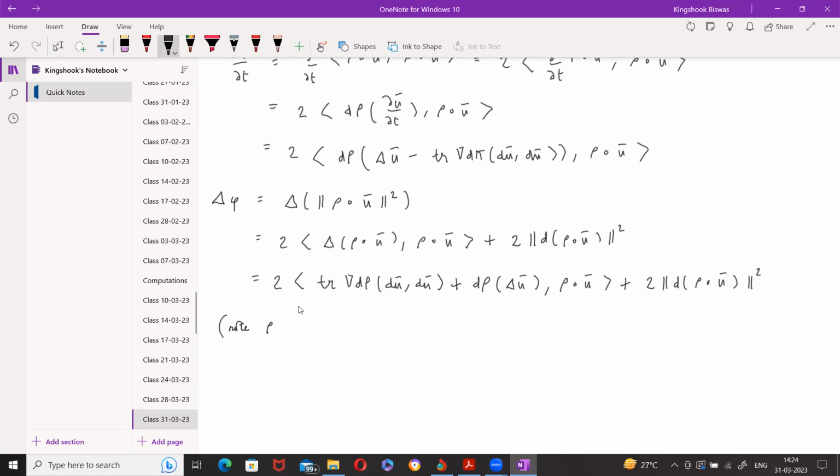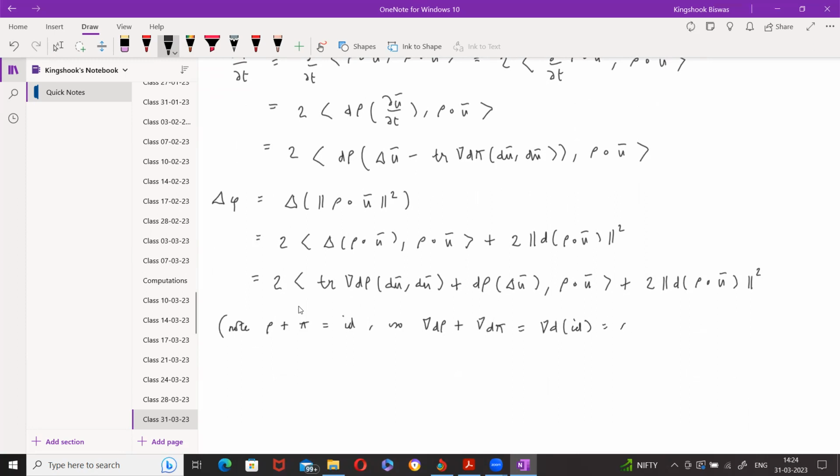that rho plus pi is equal to identity, right? In R^q. So nabla d rho, this we already noticed last time, plus nabla d pi, this is nabla d of identity, which is 0.